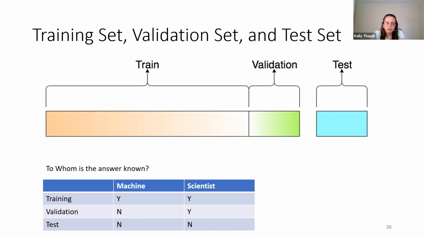Finally, once we are sure that the model is working well, we can then use it for predictive work, where we can use a test set where in fact the classification is neither known to the machine nor to the scientist. By having the good validation score, it increases the confidence and helps us believe the data that we're looking at.